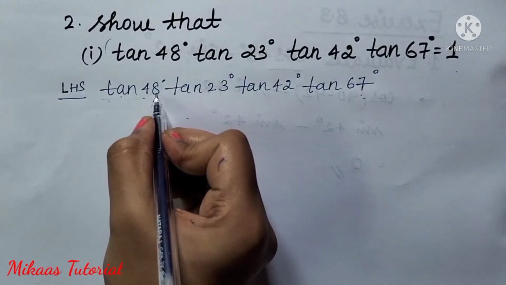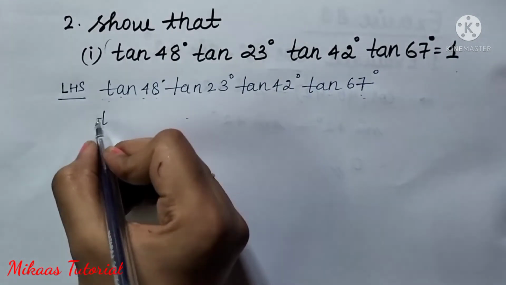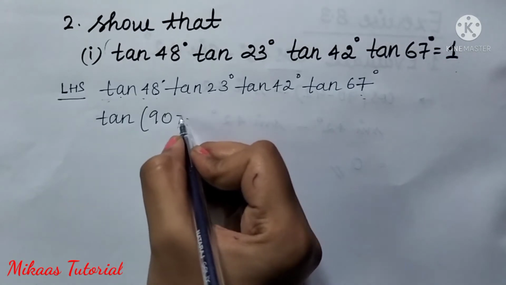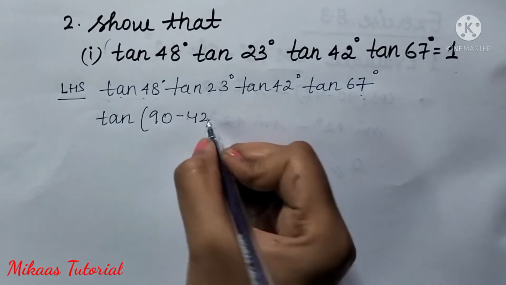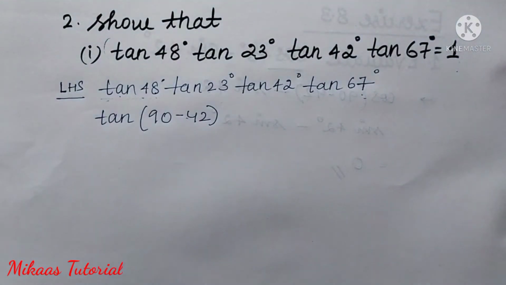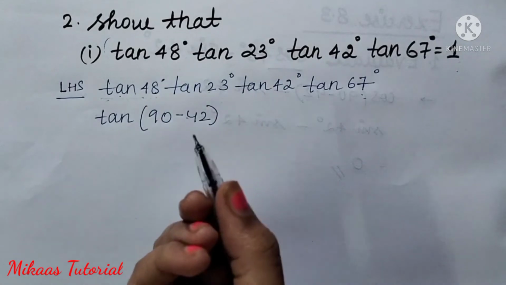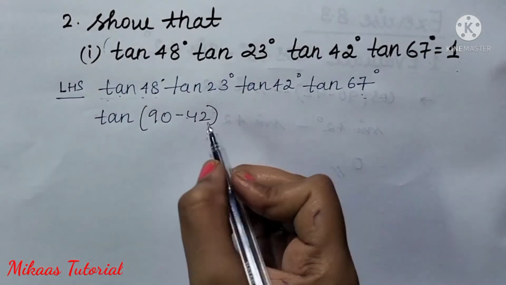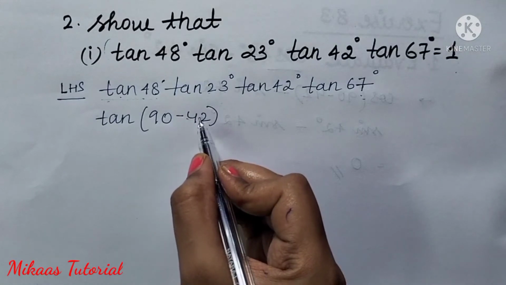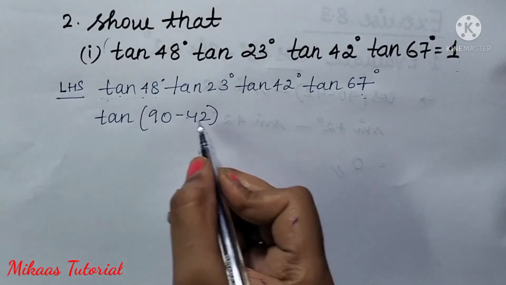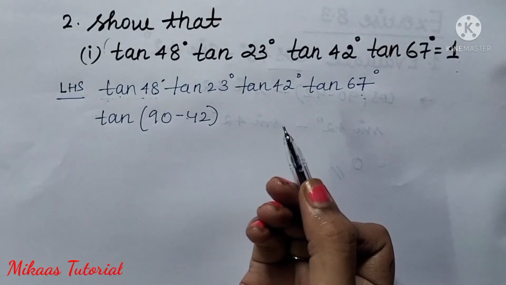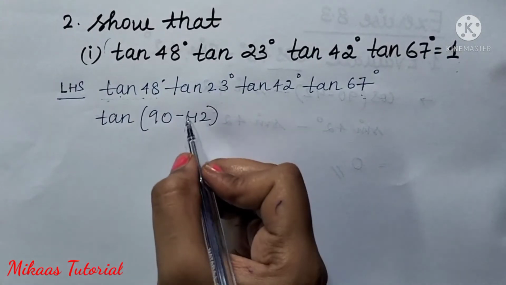We can write this 48 as tan of 90 minus 42. What is 90 minus 42? It is 48. Yes, no? So now you have converted it into 90 minus 42. If we solve this, what will you get? Tan 42 we will get. Yes or no? We have to think in that way.